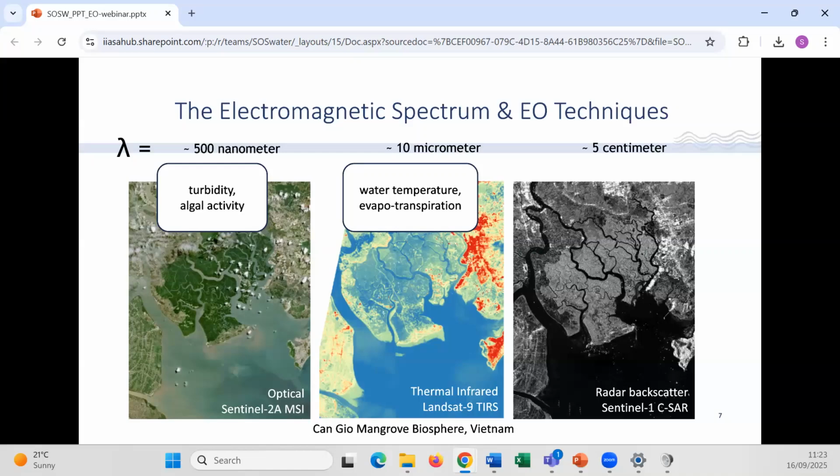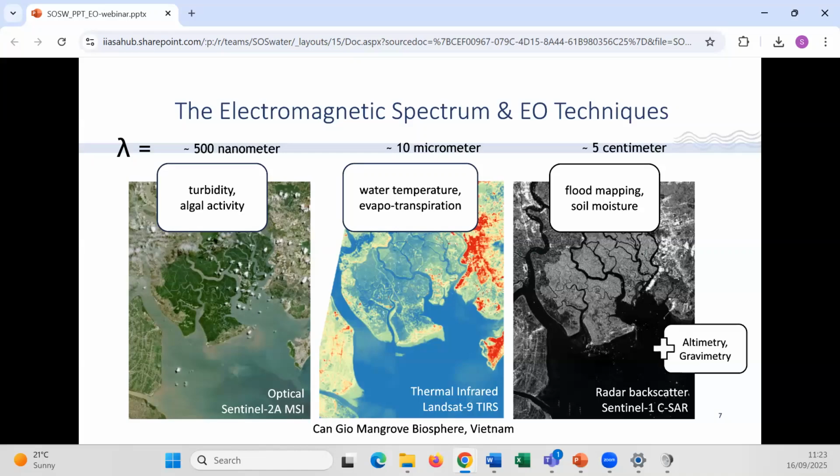Here you can see an example from Sentinel-1, which is a sensor often used with this type of technique. This is also a quite valuable technique because we can have this very nice distinction between water surfaces and non-water surfaces. So it's often used, for example, for flood mapping, but it is also very reactive to soil moisture, so the content of water in the soil. And this is also one of its applications.